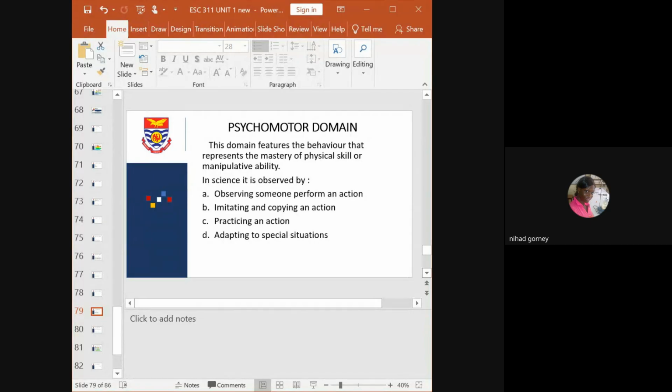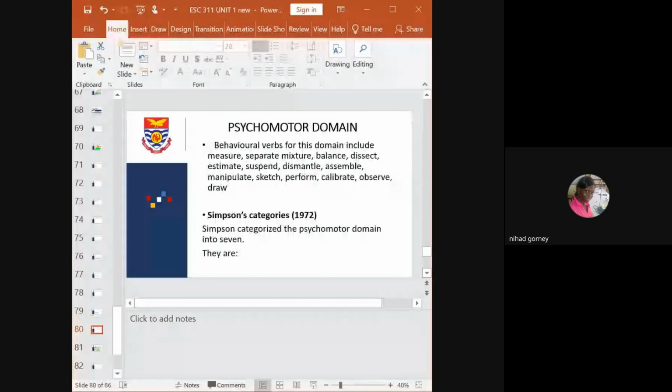In science, it is observed by observing someone perform an action, imitating and copying an action, practicing an action, and adapting to special situations. So mostly the psychomotor domain, we see it in our chemistry or our science practicals. Sometimes we demonstrate for students to also perform. So in science, the psychomotor domain is normally seen in our practical exercises.